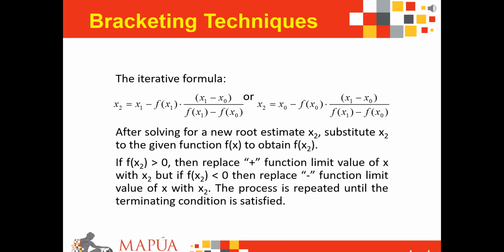However, if f(x2) turns out to be less than 0, then we replace the negative function limit value of x with x2. This process is repeated over and over until your terminating condition is satisfied, which is usually based on an error criterion, either the absolute error criterion or the residual error using the relative error criterion.